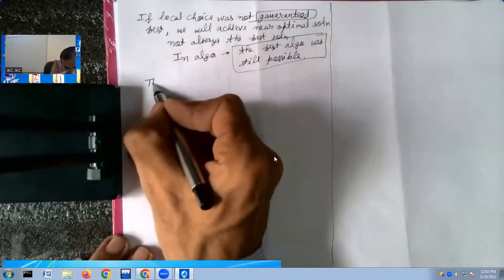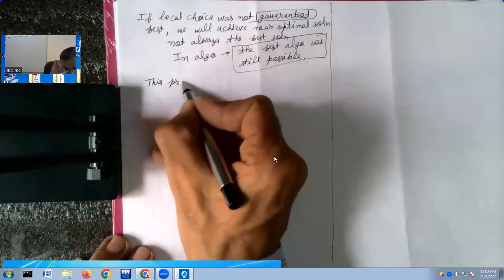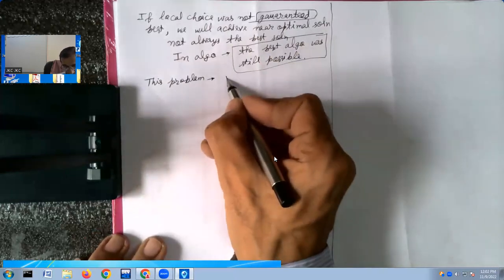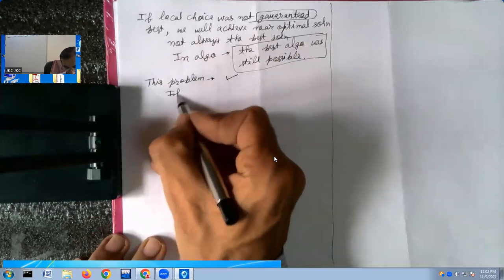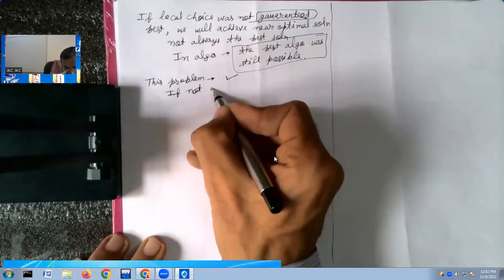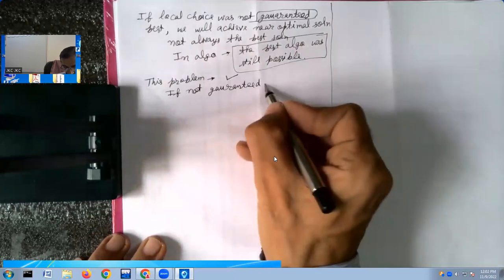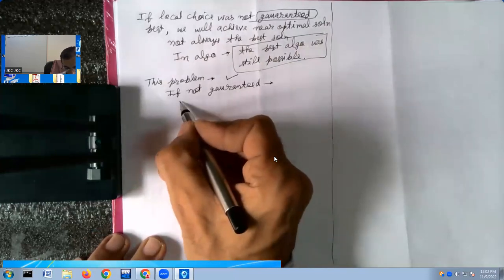For example, in this problem, if I have the best choice, obviously greedy will be useful. If not guaranteed, then go systematically, step by step.